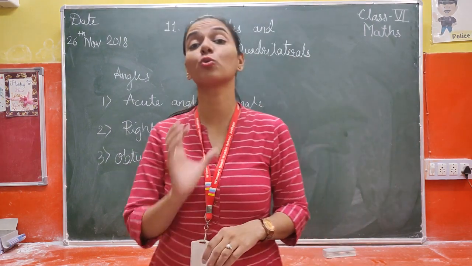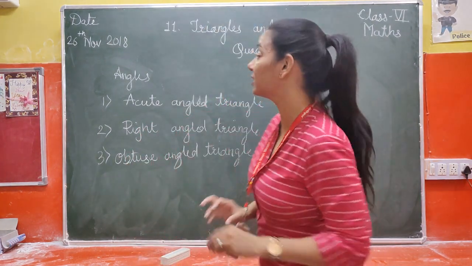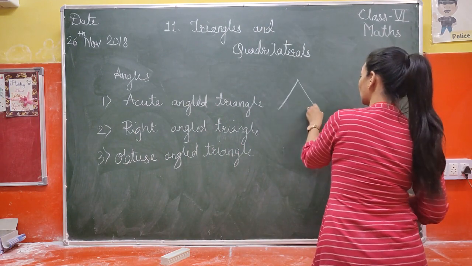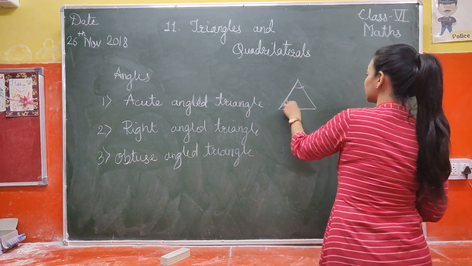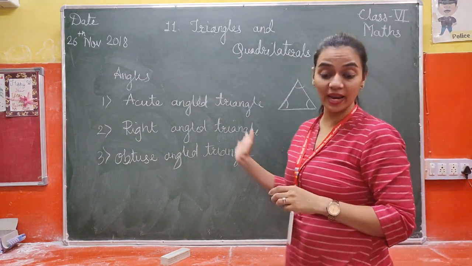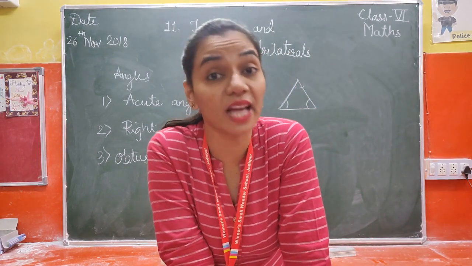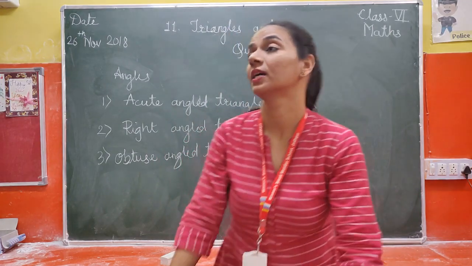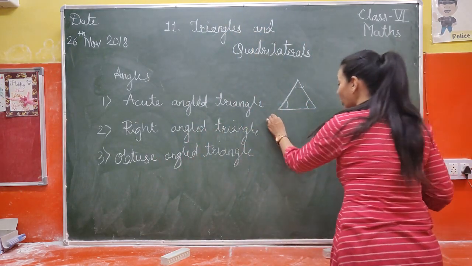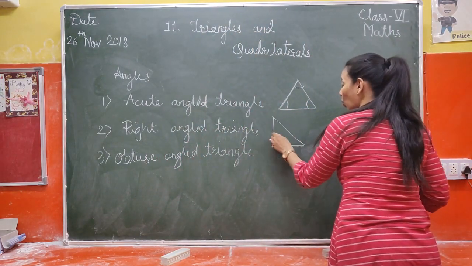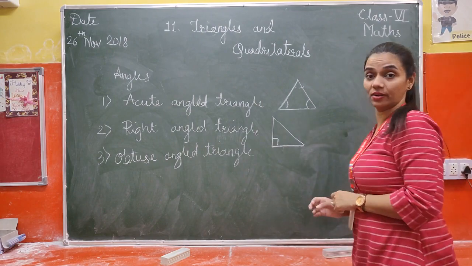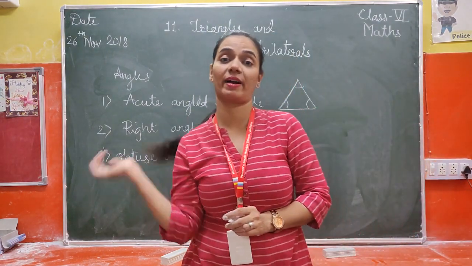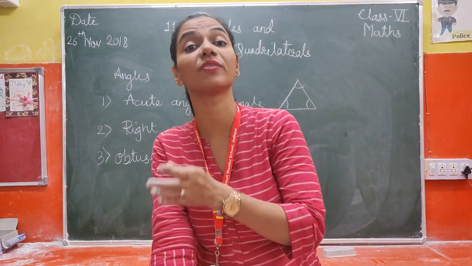Now what is an acute angle triangle? A triangle in which all the three angles are acute is called an acute angle triangle, right? Now the second one, a triangle in which one angle is 90 degrees is called a right angle triangle.